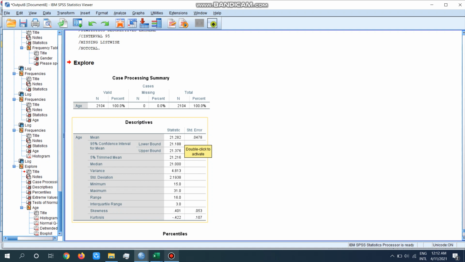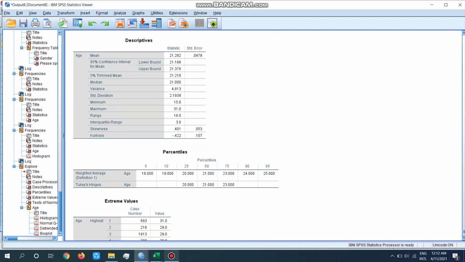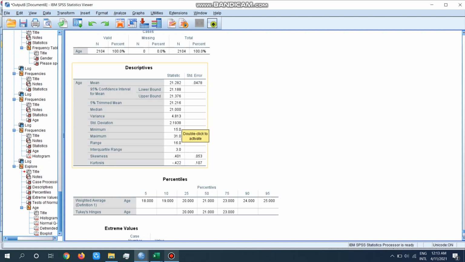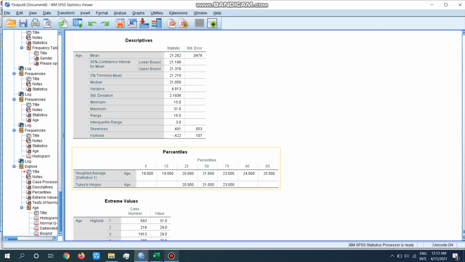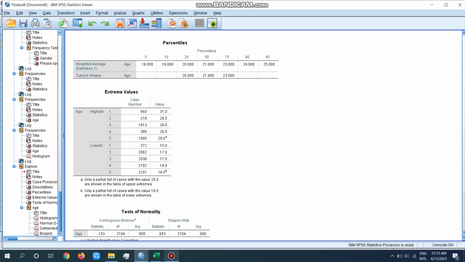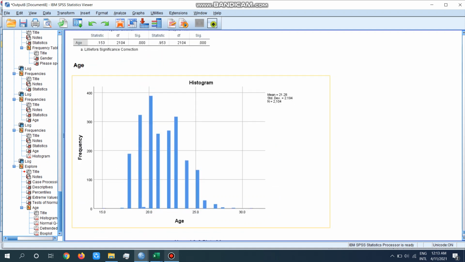We have here the median, the standard deviation, the maximum and the minimum, and also the other measures of the percentiles, and the range. Anything you would like, you can find it here in the descriptives. Now the plot is like this.